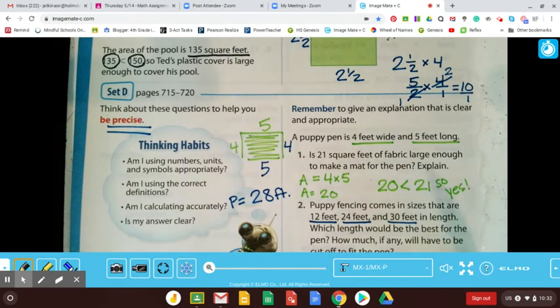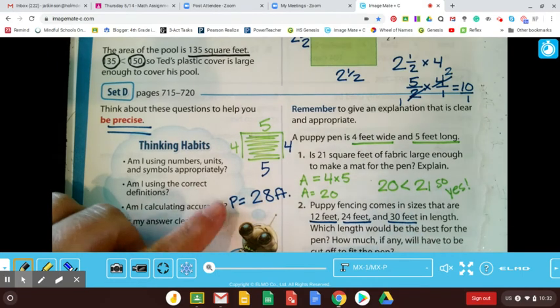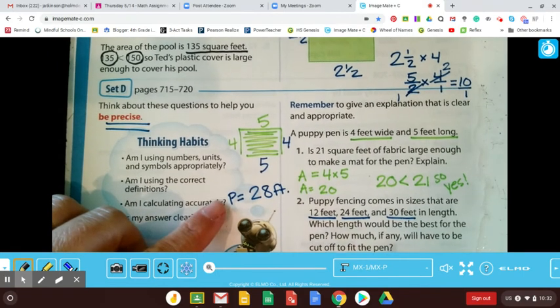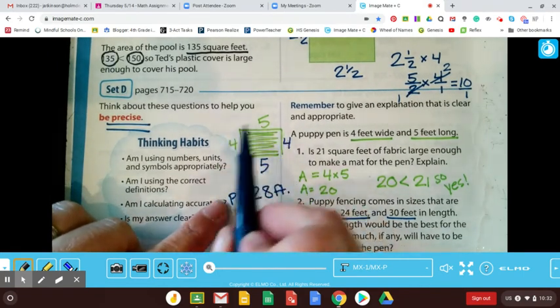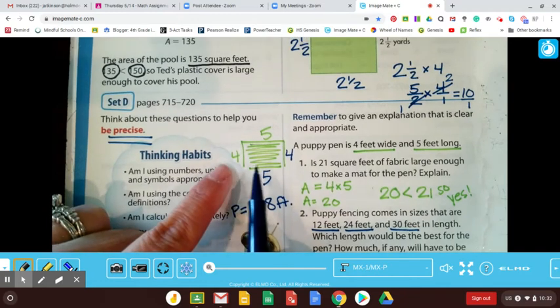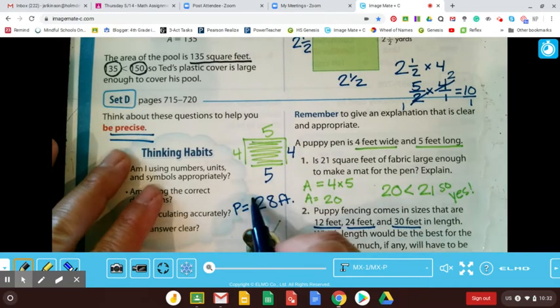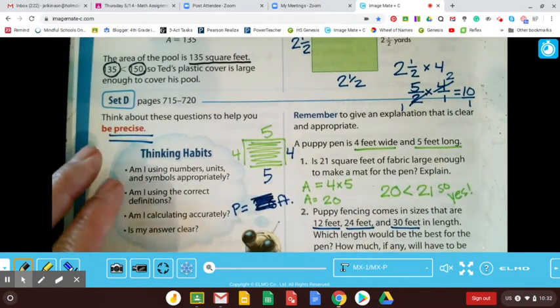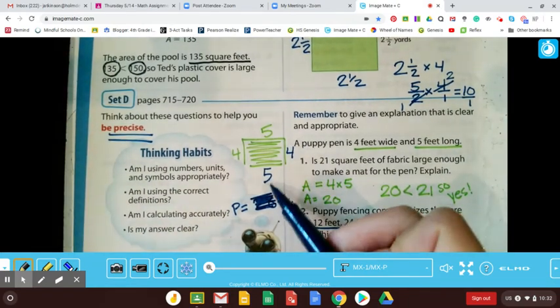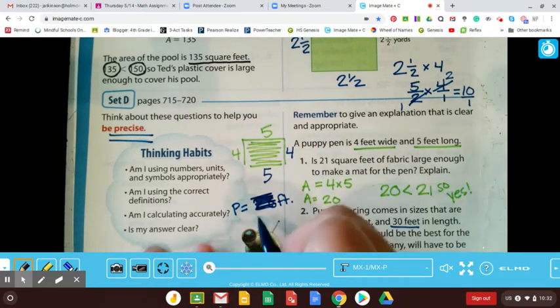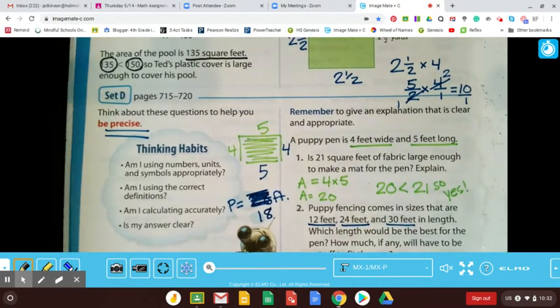Are we still dealing with the puppy pen here? Puppy fencing. Which length would be best for the pen? Yeah, we're dealing with the pen. How much will have to be cut off to fit the pen? All right, so if we are finding here 4 and 4, 10, sorry, that's why I'm getting confused. I wrote the wrong answer. 5 plus 5 is 10, 4 plus 4 is 8, so it should be 18 feet, not 28 feet.